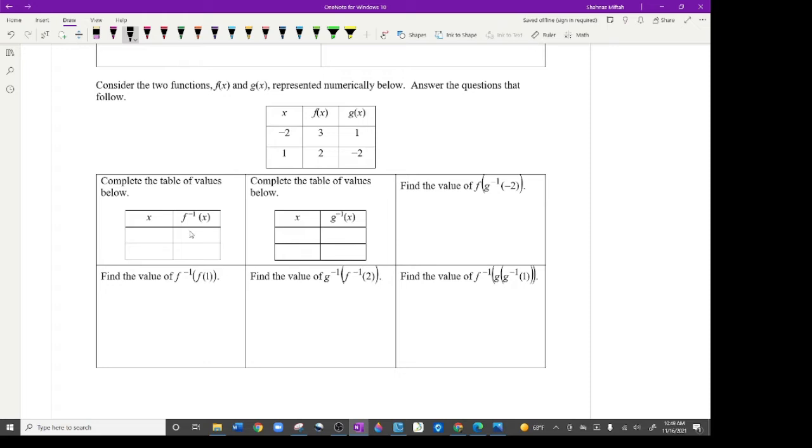Then don't you think -2 goes as a y value? Yes or no? I'm switching x and y's. The 3 is a y value, it's going to go as an x. The 2 is a y value, it's going to go as an x. The x value 1 is going to go as a y value. Do you see how I switched x and y's?